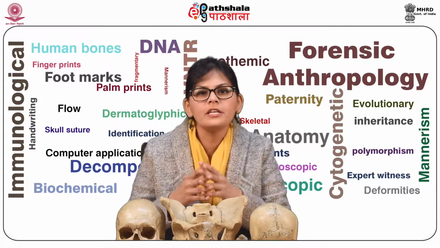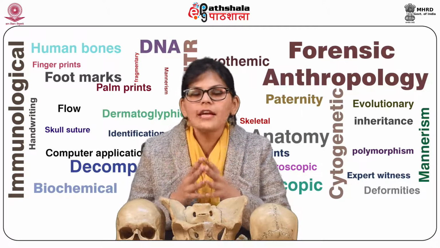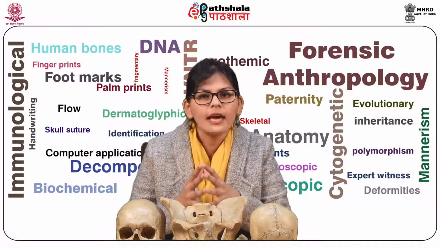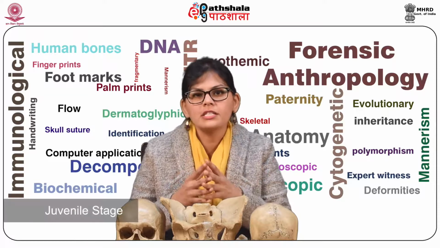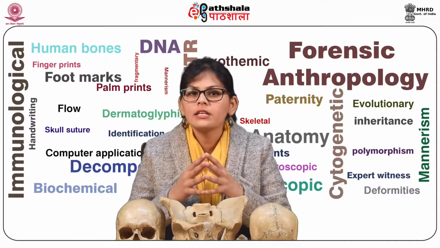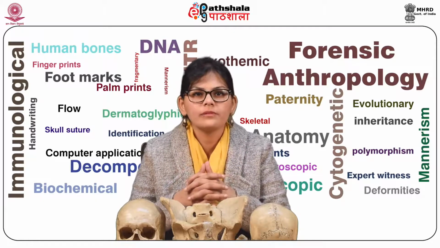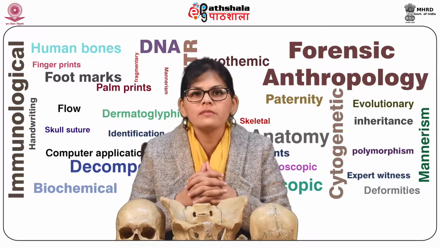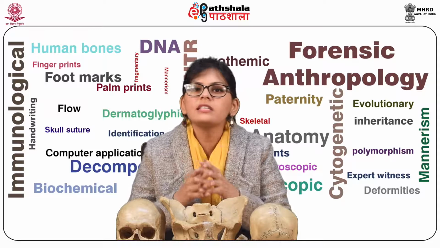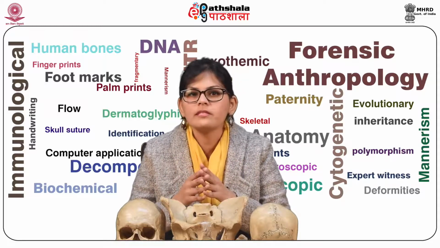In the prepubertal phase, sexual dimorphism is slight, hence sex determination during the juvenile stage is more difficult than in the adult stage. The areas of high sexual dimorphism in adults are the skull and the pelvis.